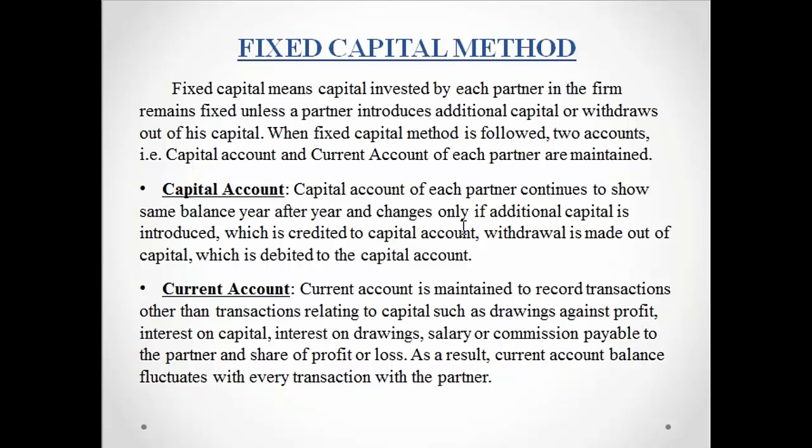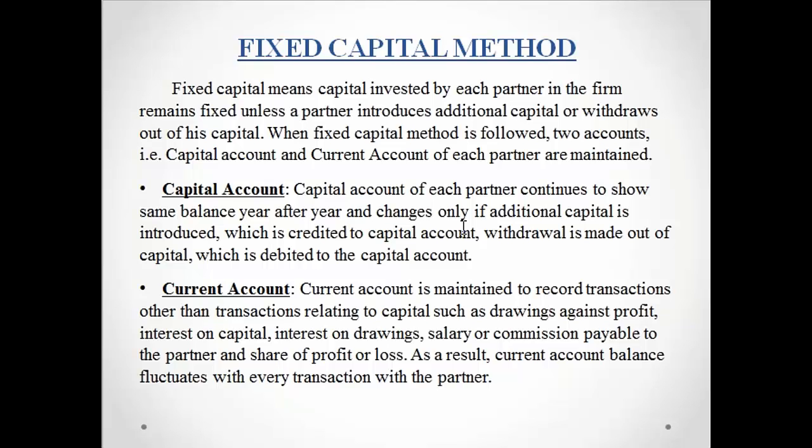One is capital invested, or we can say the opening balance of capital. The second item is additional capital introduced by a partner. One more example is if an amount is withdrawn by a partner from his capital, that is also a transaction related with capital.